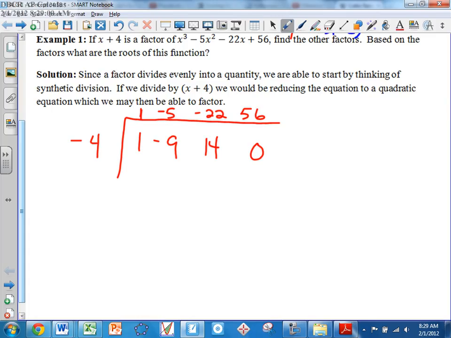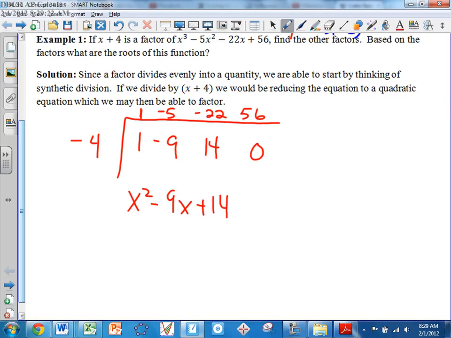What this tells me is that there's your quadratic, right? Remember how we brought this down the other day with division? Remember how we made this x squared minus 9x plus 14, and then we have plus the remainder over the divisor? Well, the remainder is 0. So this means this goes into it evenly.